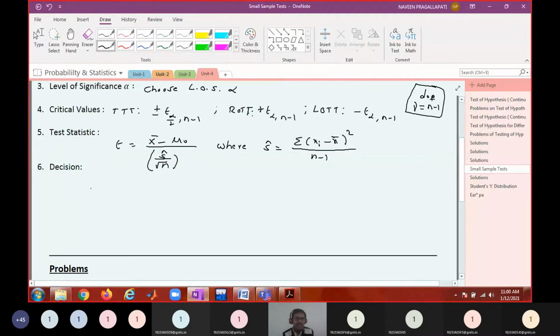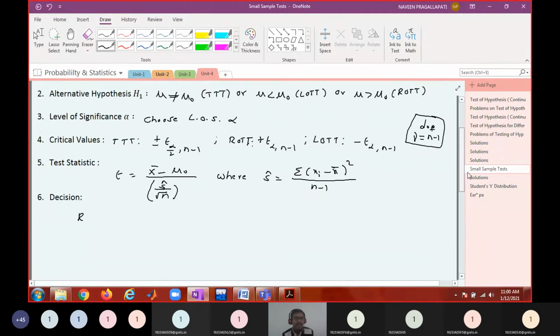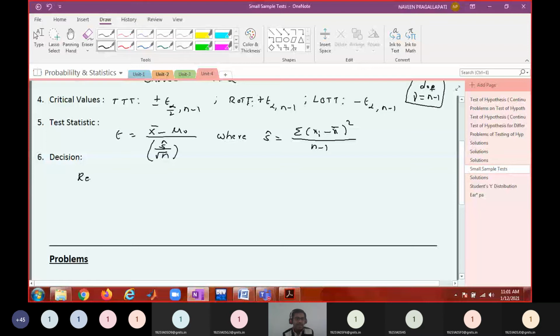So what is your decision? Reject H naught if, in a two-tailed test, modulus of t is greater than t alpha by 2, comma nu. In case of a right one-tailed test, t greater than t alpha. In case of a left one-tailed test, t less than minus t alpha.